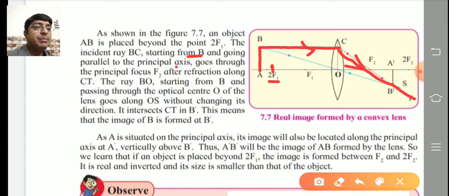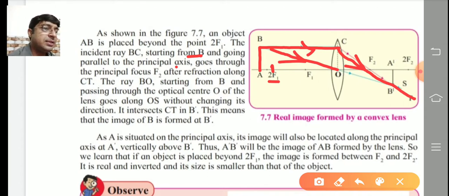The ray BO, starting from point B and passing through the optical center O of the lens, goes along OS. BO is the incident ray, and since it passes through the optical center, no deviation takes place.